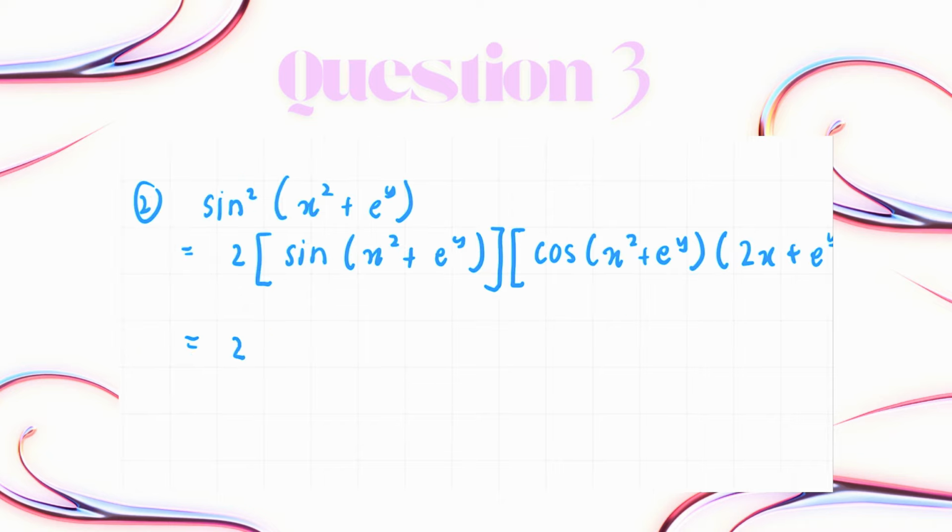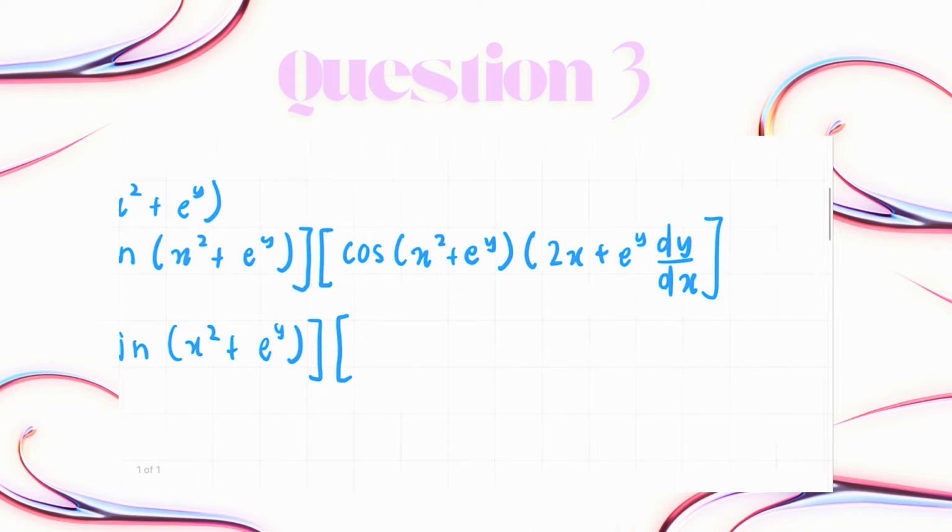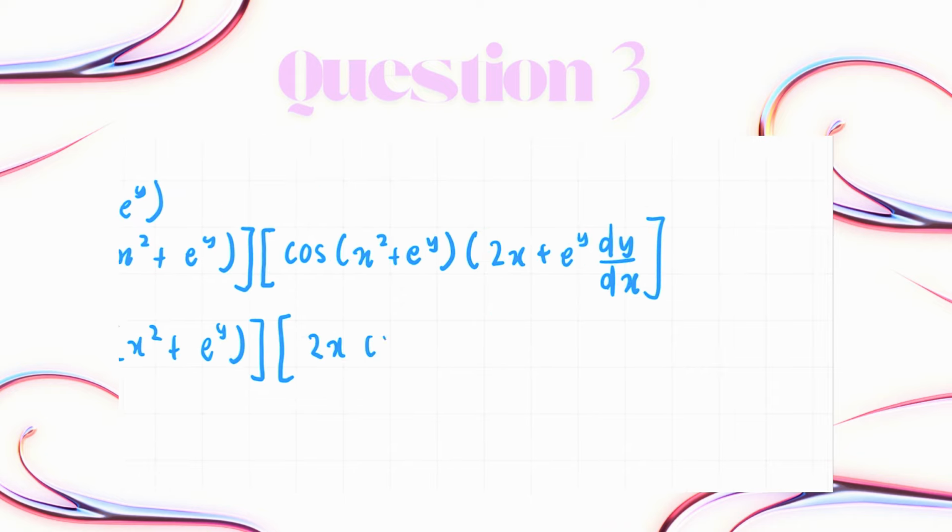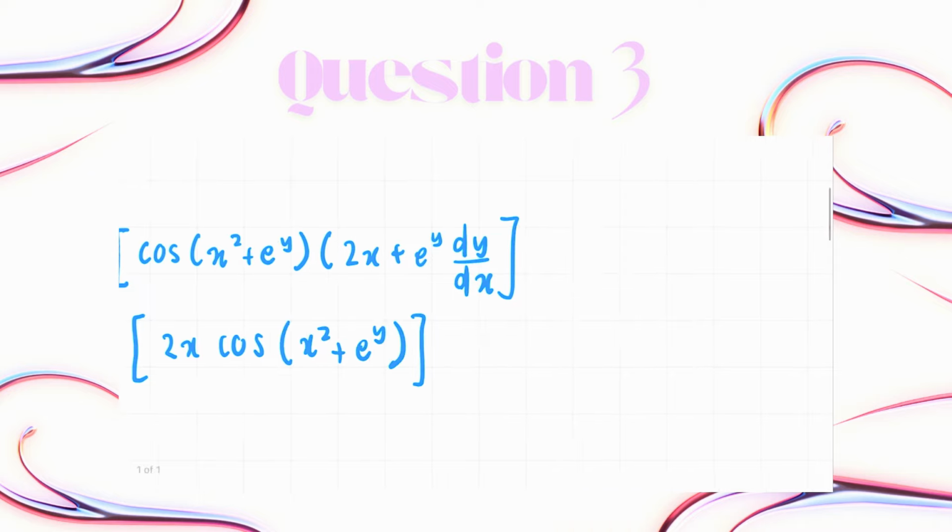Next, we'll expand and it will become sine of x squared plus e^y times 2x cos of bracket x squared plus e^y plus e^y cos of x squared plus e^y dy/dx.